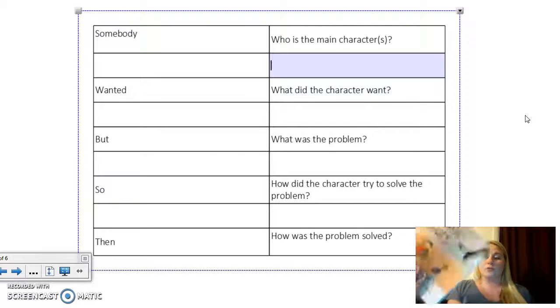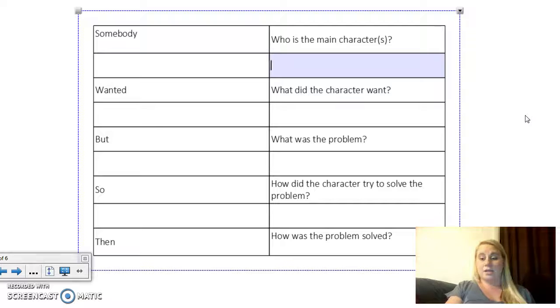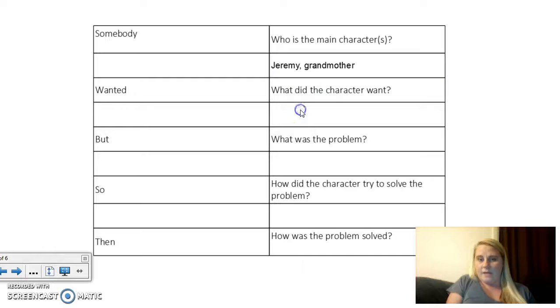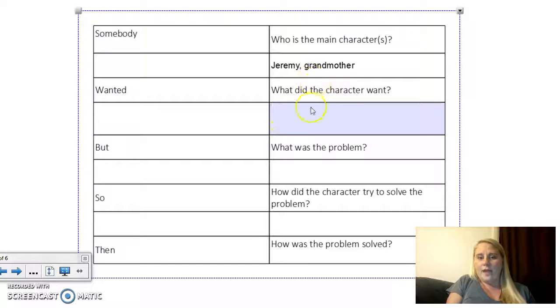So in the book, Those Shoes, the main character is Jeremy. And I would say maybe his grandmother were some big characters in there. But really focusing on Jeremy. And if you read, what Jeremy wanted was these pair of black shoes.